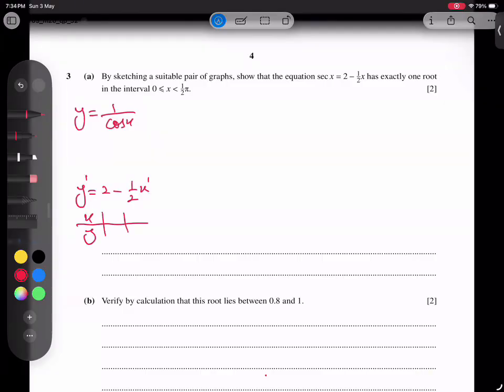If I plug in x is 0, I get 2. If I plug in x, it depends upon the values given, pi by 2.